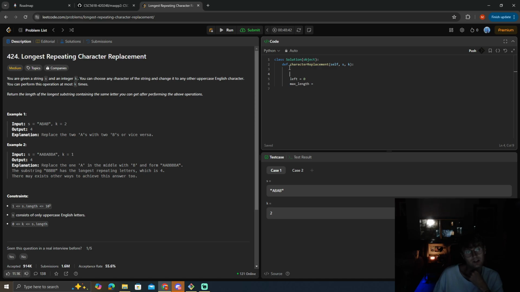If it's seen in the hash set, then right in range length S. I'm going to move our right window, but I'm trying to figure out how we're going to keep track of the letters. I don't know what the best way to do that would be, to be honest.